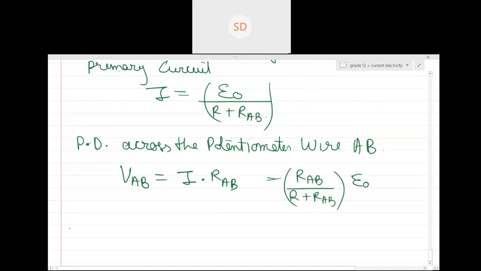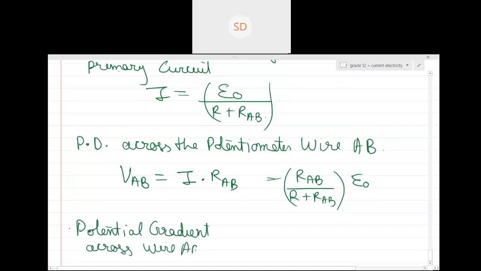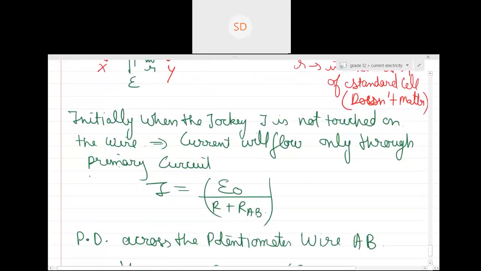Once we are done with this, we'll calculate something called potential gradient. Please remember the steps. It's a three to four step problem, and once you are done with these steps, it will be done.